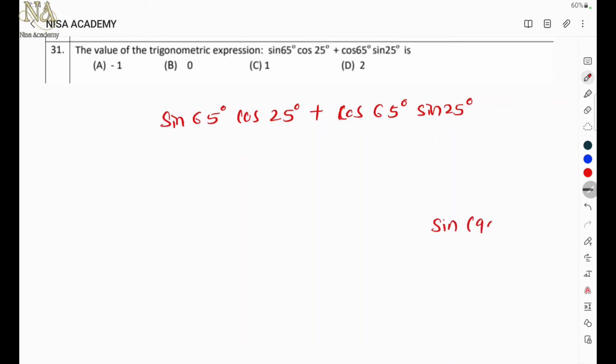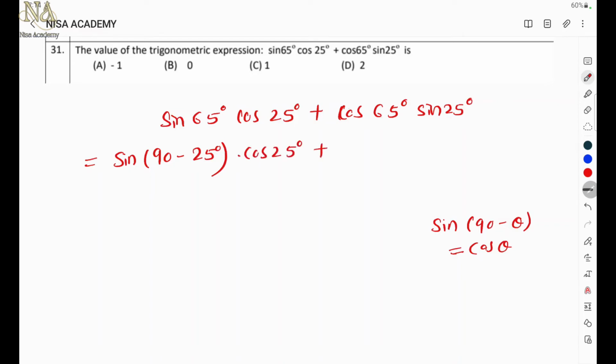So sine of 90 minus theta is cos theta, and cos of 90 minus theta is sin theta. Now for sine 65, if I want 65 from 90, what I will subtract? Exactly 25. So 90 minus 25 is 65, and cos 25 as it is.